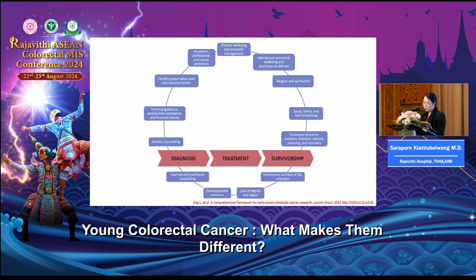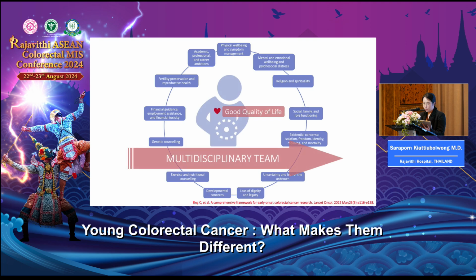We need the multidisciplinary team to help the patient cope with all the problems. If you address every perspective of the patient, your patient will have a good result from the cancer treatment and also a good quality of life.